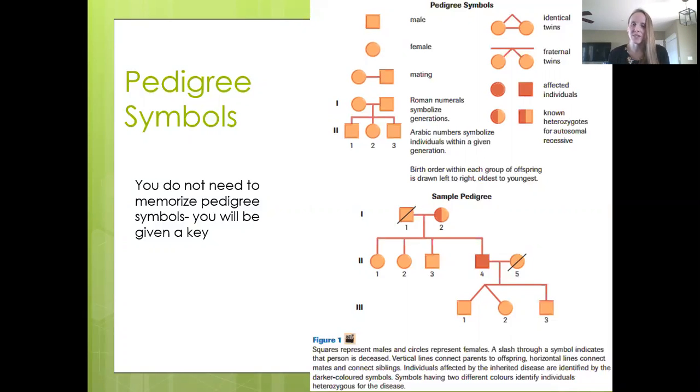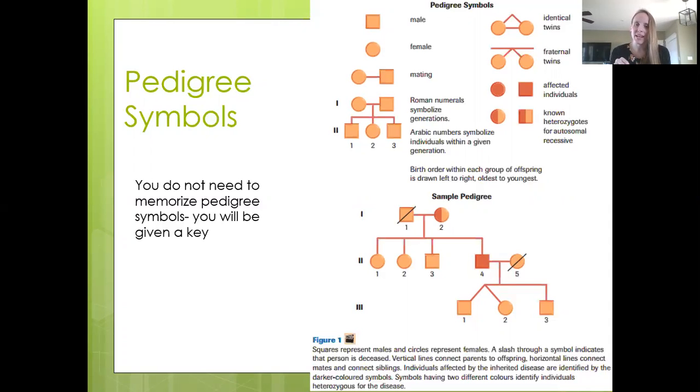Sometimes affected individuals are colored in, usually in black. And sometimes heterozygous individuals are half colored in, though oftentimes we don't know if an individual is heterozygous or not, if it's a recessive trait. And then lastly, someone who is deceased will have a line canceling out their circle or square.